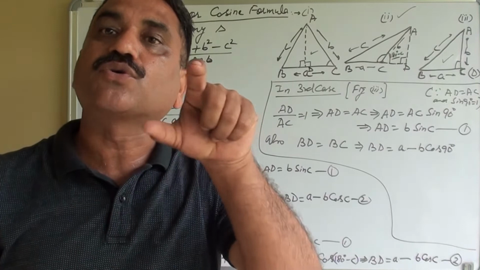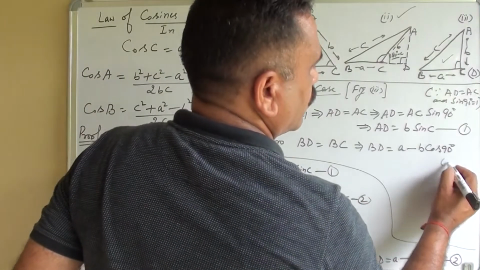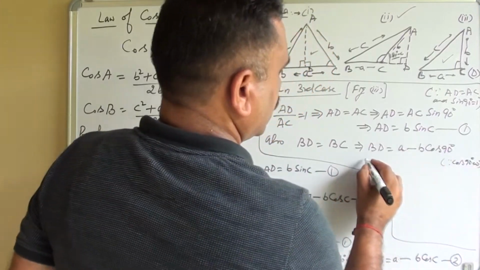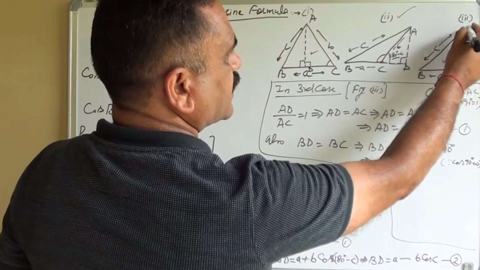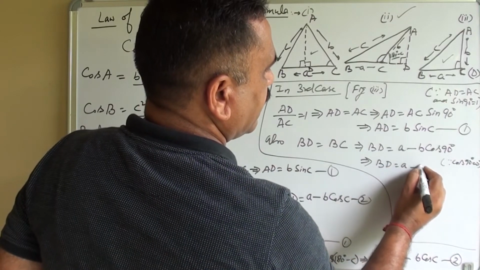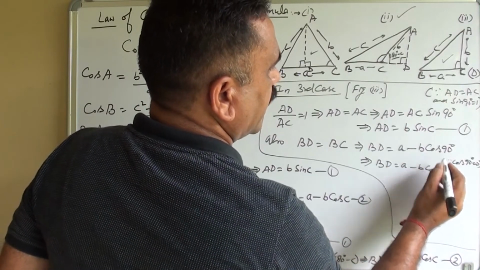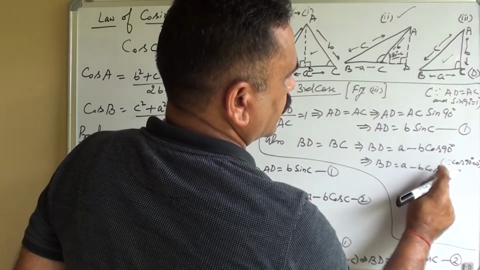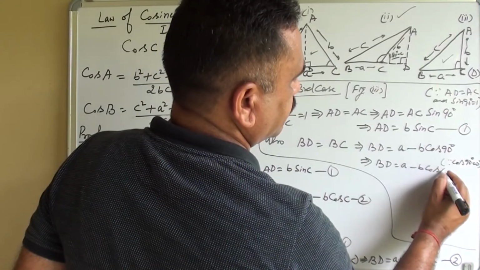Why? Because cos 90 is equal to 0. So this implies, what is the value of BD? BD is equal to A minus B, and cos 90 means cos C.